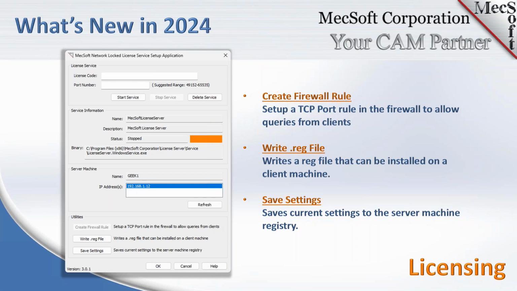So we've added this new interface around what we had, the network license manager or the license server application, and this makes it a lot easier for IT people to actually install our network lock license on their systems. And I'll talk a little bit about it.